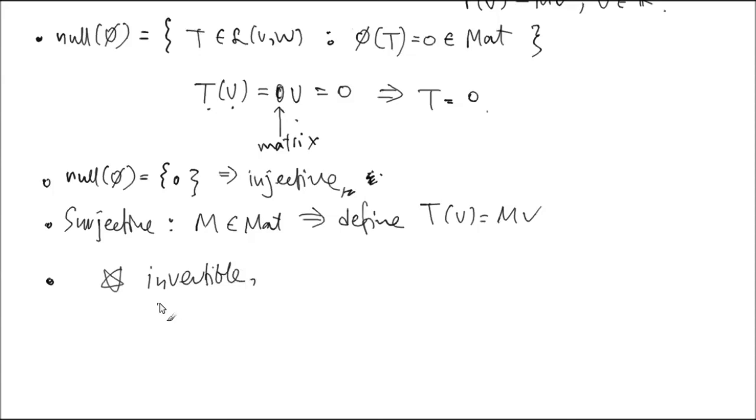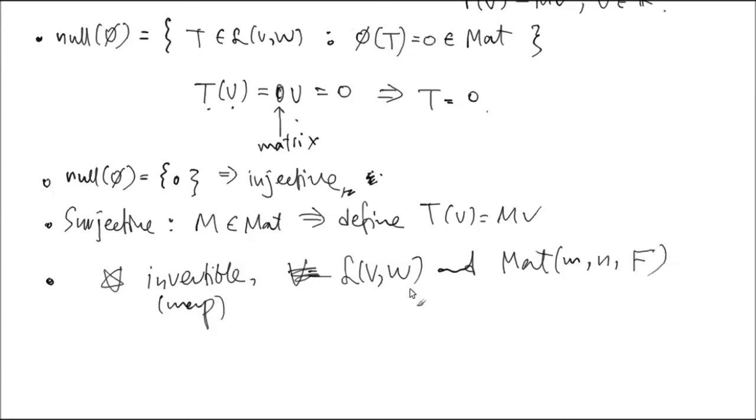Invertibility is about the map, and these two vector spaces, this and that matrix space, M_{m×n}(F), are isomorphic. You read about these terms, right?